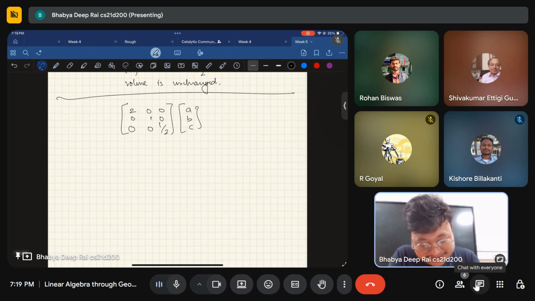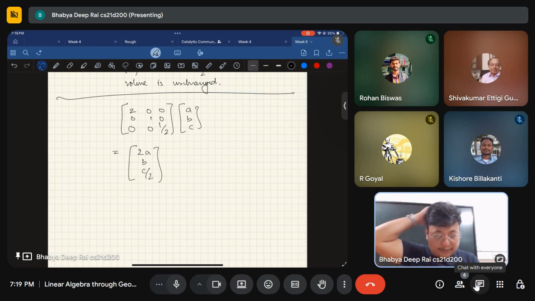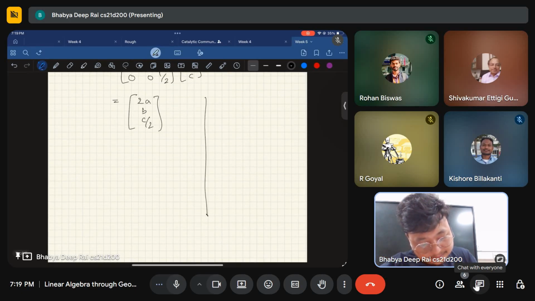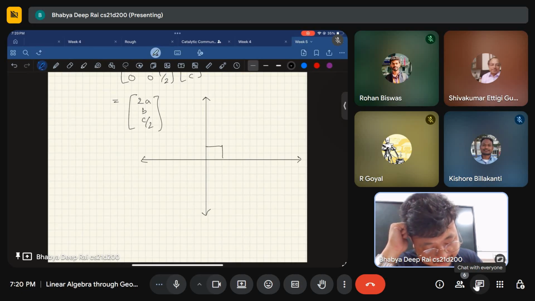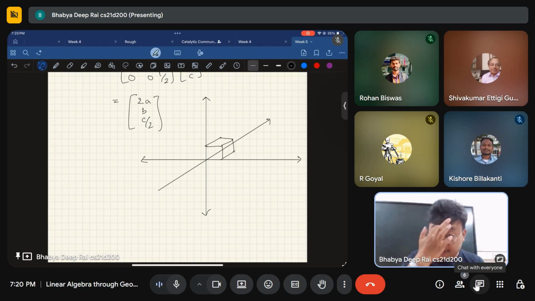So what happens here? This is equal to 2a, b and c by 2. Now let's look at it geometrically. Here it helps to think of the unit cube. You have your unit cube sitting snugly here. So the geometric interpretation is the following.